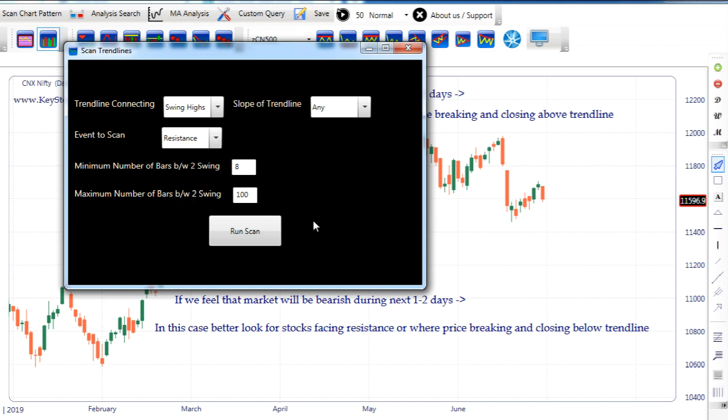Resistance. And for the price where the price is breaking and closing below the trend line, we'll select swing lows, upward, the break. So we can find stocks like Mahindra and Mahindra, as we saw in the last example.